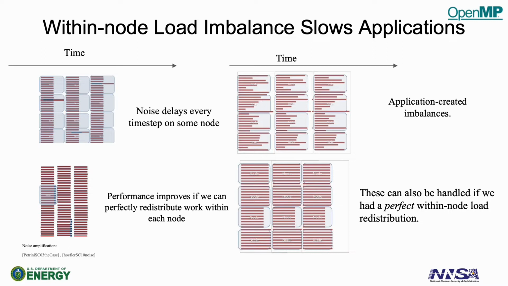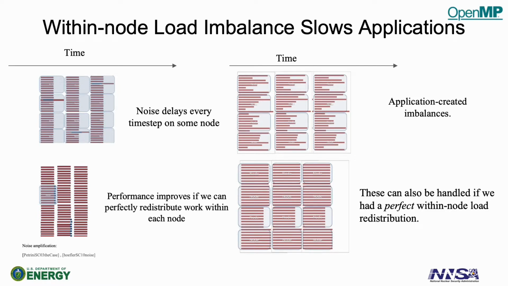So noise delays every time step on some node, and as you scale to a large number of nodes, the probability of noise occurring becomes a constant addition with the number of time steps. So scaling is therefore, as shown by previous work, not good due to this amplification.